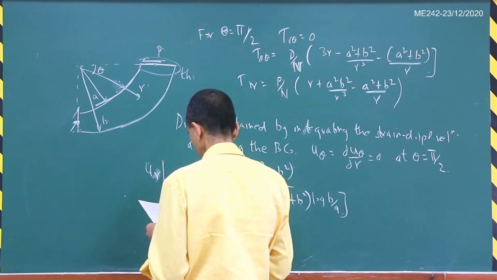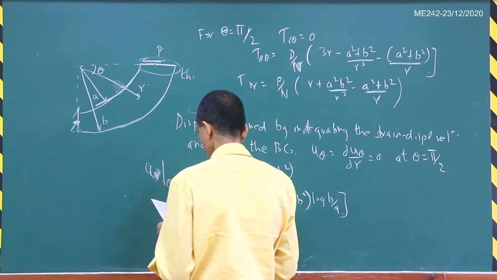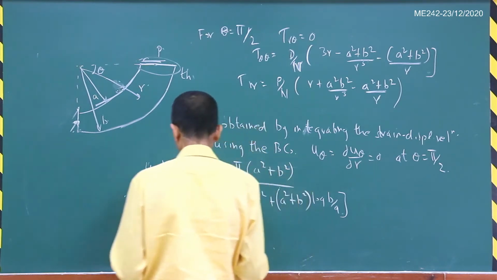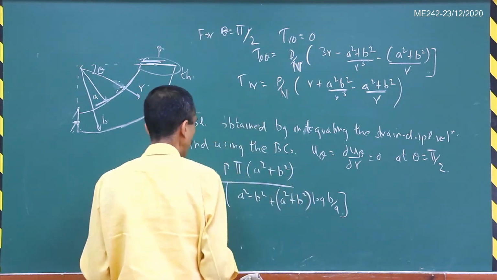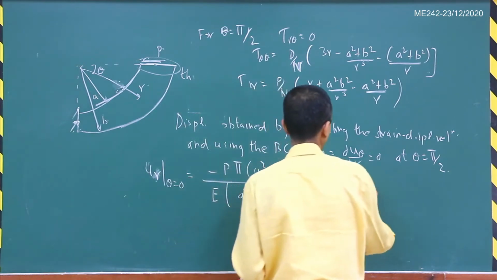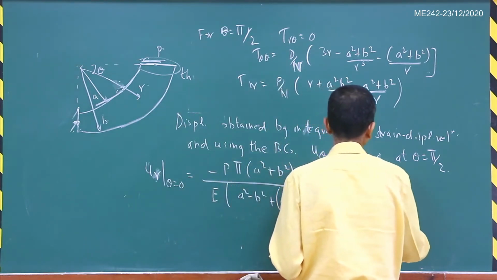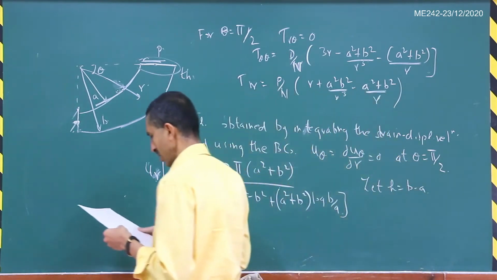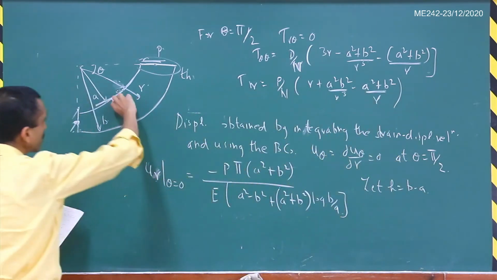If you write it in terms of h, let h be equal to b minus a. So that is the thickness or the depth of this curved beam here.